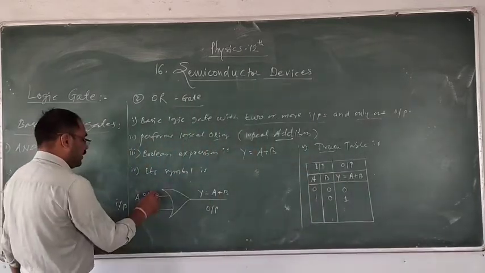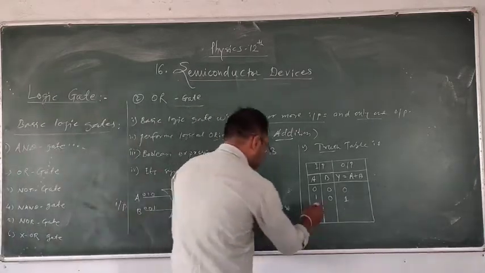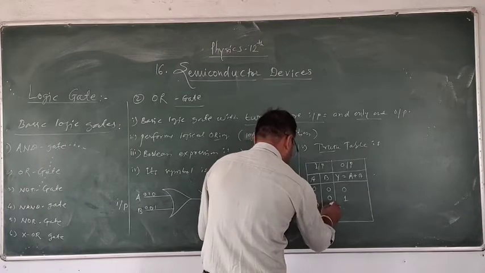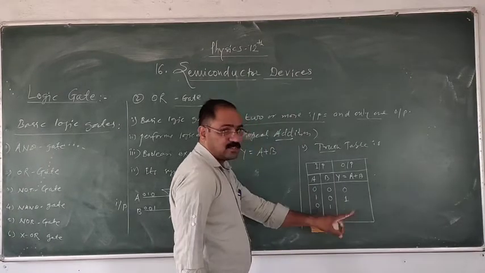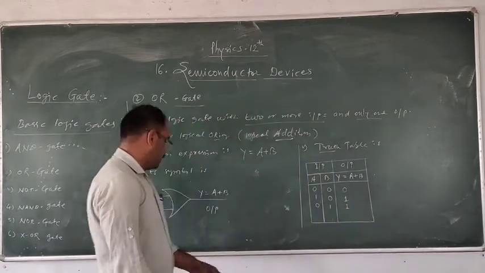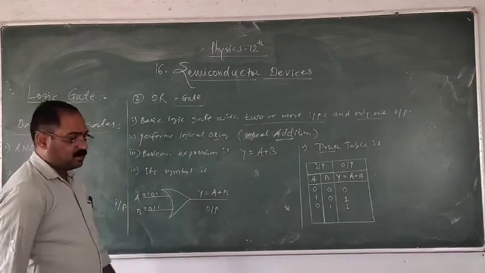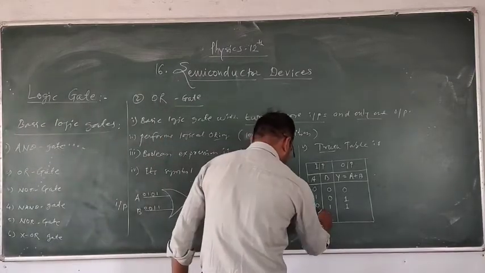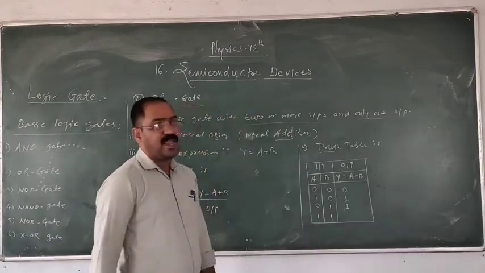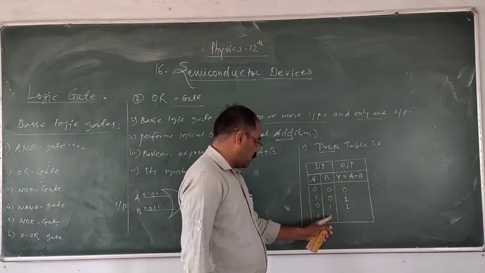Next combination, A is 0, B is 1. 0 plus 1 is 1. This is the third combination. Then next, A is 1, B is 1. Here A is at logic level 1 and B is also at logic level 1.